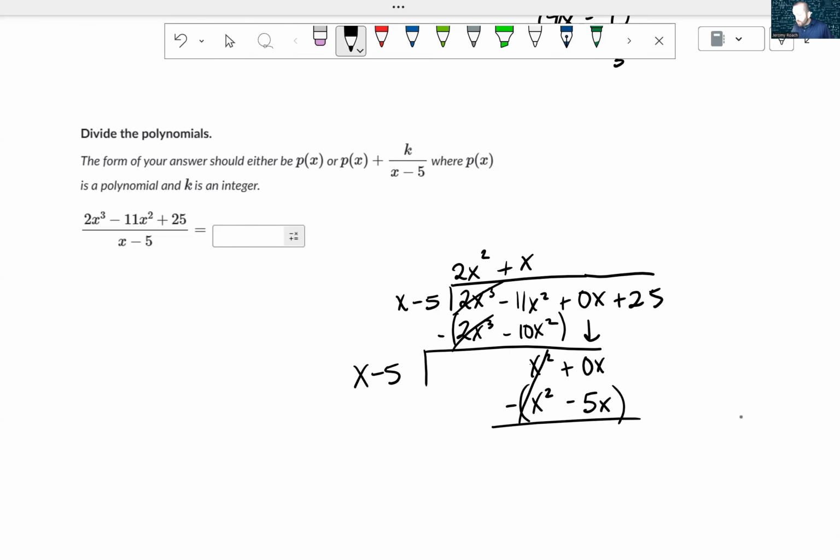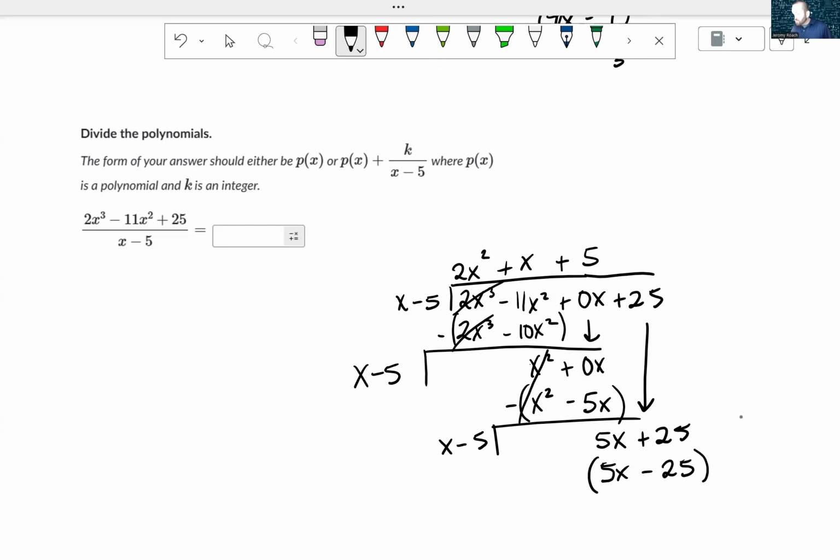This is positive 5x plus 0x is just 5x. Now we bring this 25 down like this. Okay, how many x's go into 5x? That's just 5 x's. So that's 5 times x is 5x. 5 times negative 5 is negative 25.